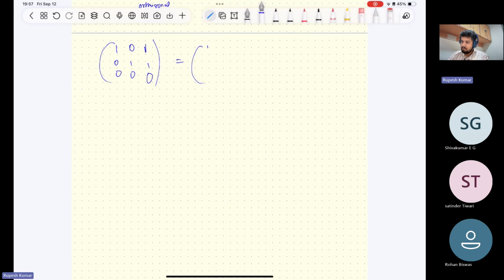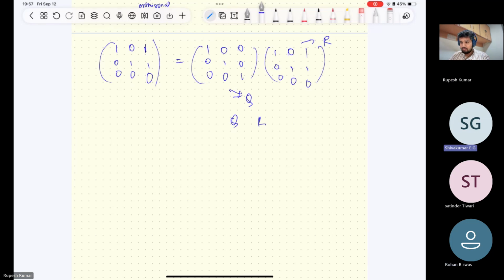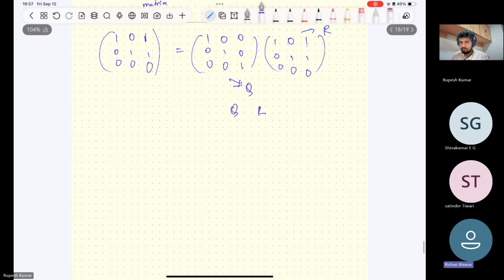I can write it as 1, 0, 0, 0, 1, 0, 0, 0, 1 multiplied by 1, 0, 0, 0, 1, 0, and 1, 1, 0. Is this correct? This is upper triangular. This is orthogonal. So you get a QR decomposition, right? So QR decomposition always exists, for any real matrix with real entries.